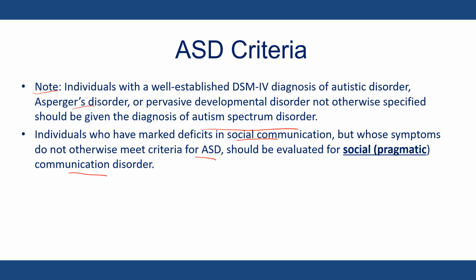When you have a child with just a social communication problem, do not just give them the diagnosis of ASD, think about social pragmatic communication disorder. Is that a good diagnosis for this child at this time? And if the answer is yes, then evaluate for that diagnosis. It's always a good idea to come up with a correct diagnosis and a correct treatment plan.